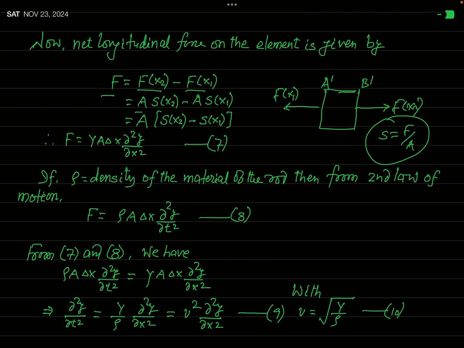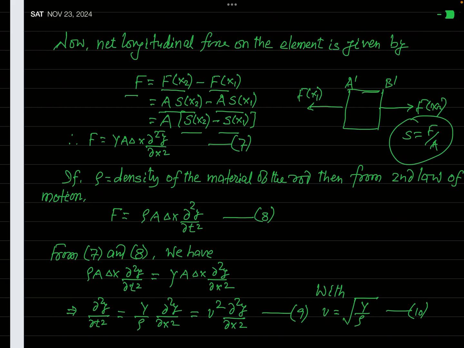So everywhere, both at x equal to x1 and x equal to x2, the cross-sectional area is the same. And therefore F at x2 will be equal to A times S at x2, and F at x1 will be A times S at x1. Now let us take A as a common factor. So F is equal to A times S at x2 minus S at x1.